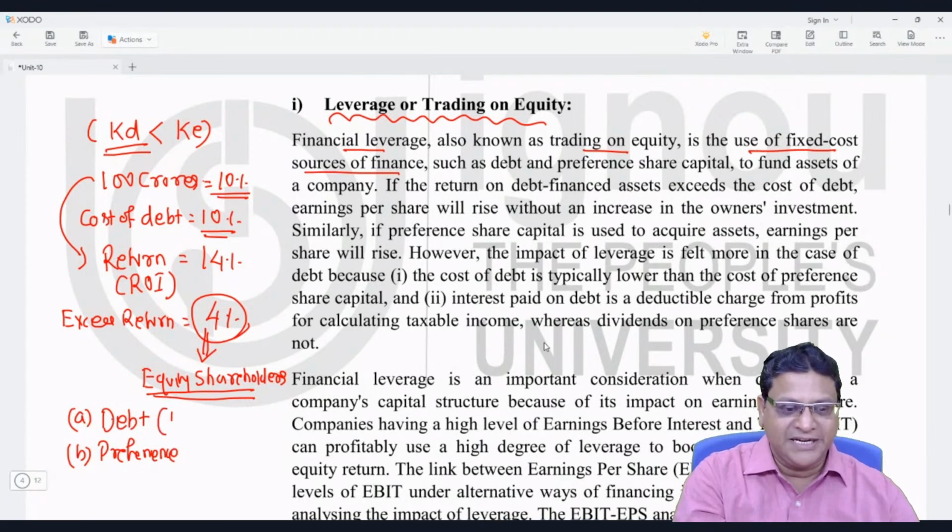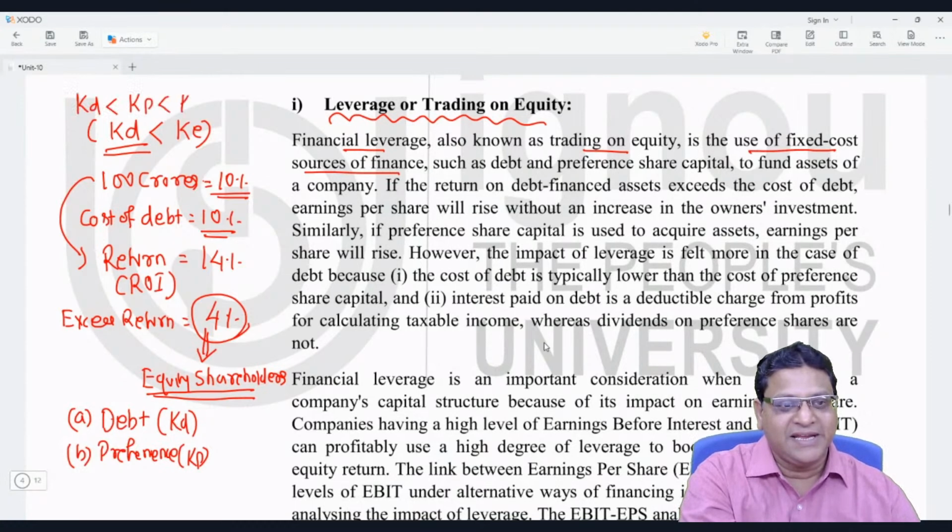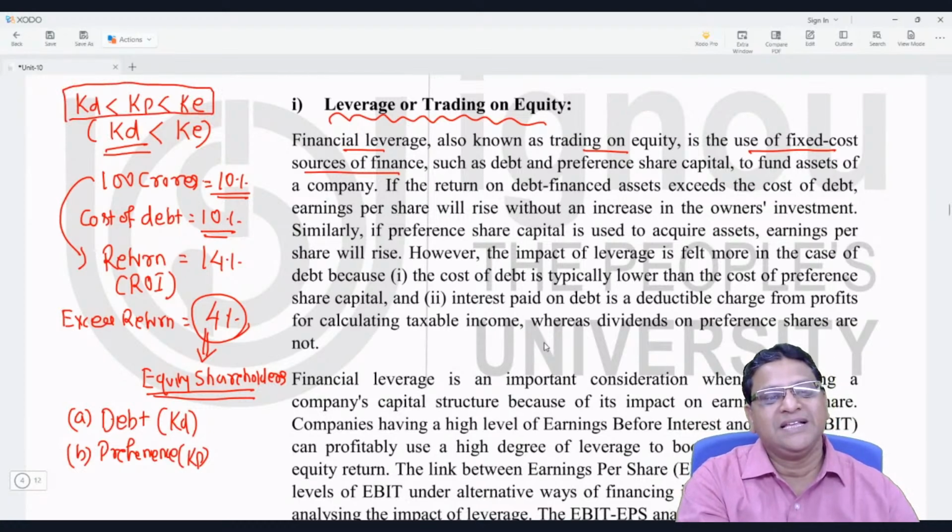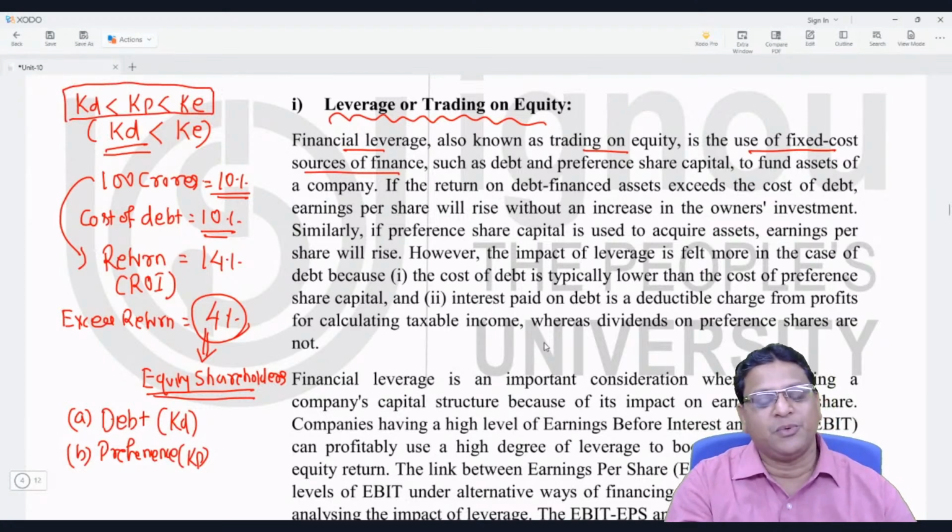So cost of debt is KD, cost of preference share is KP. We know that KD is less than KP is less than KE. The cost of debt as well as preference share is less than cost of equity.